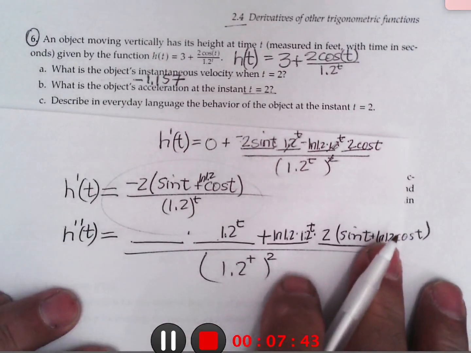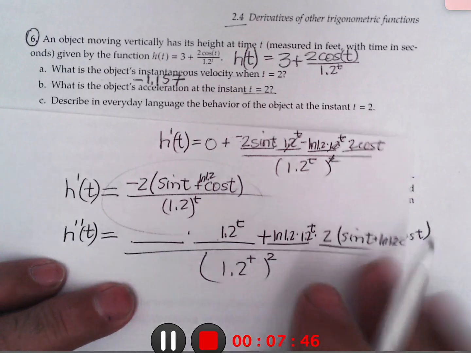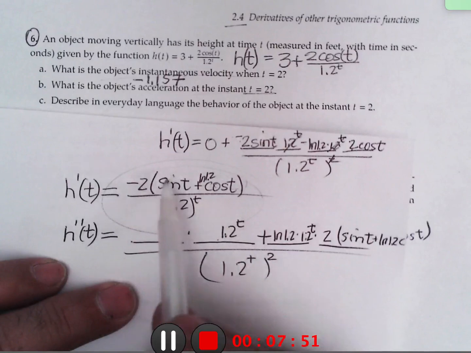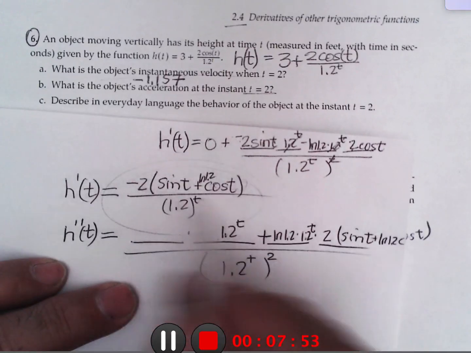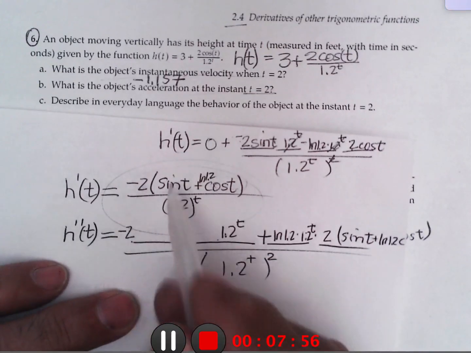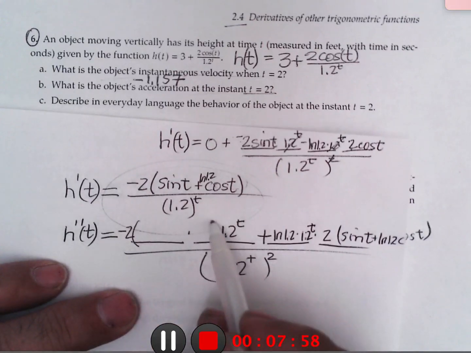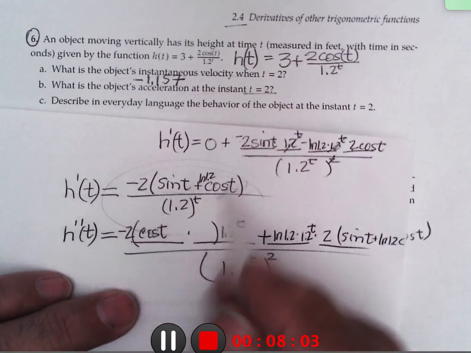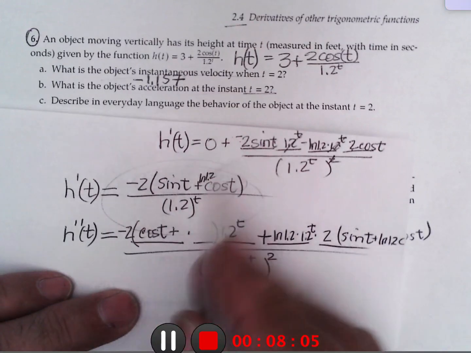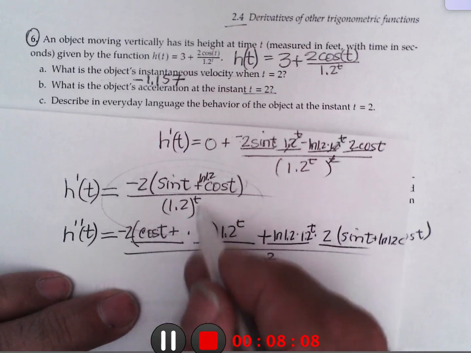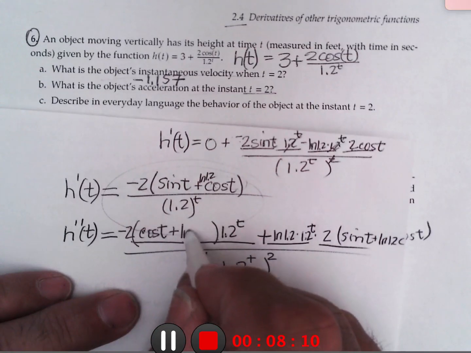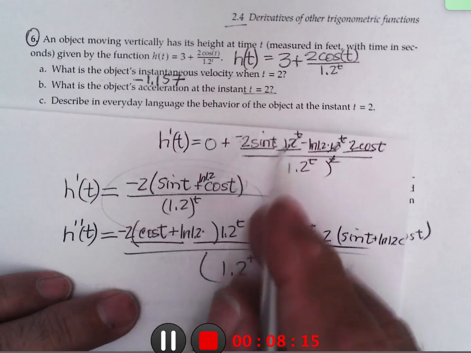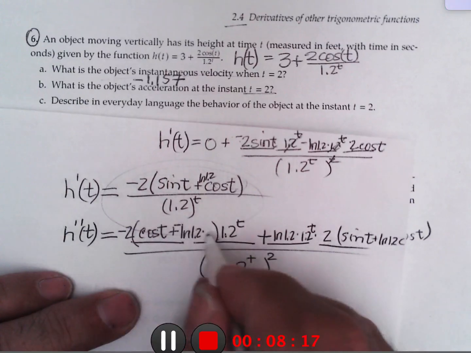Okay? And now I still have to do the derivative of this numerator here, which is minus 2 times the quantity. So the minus 2 will hang on. And then I'll do the derivative of the inside. The derivative of sine is cosine t, plus ln 1.2 times the derivative of cosine, which is negative sine t.